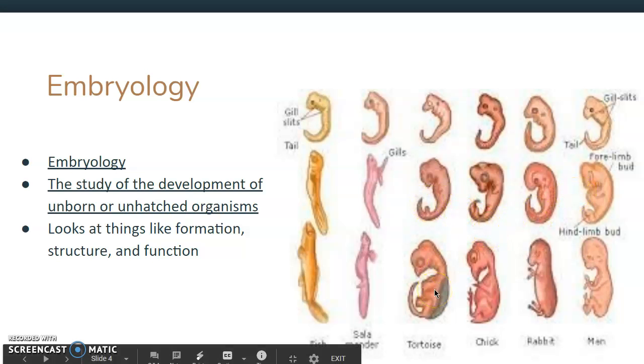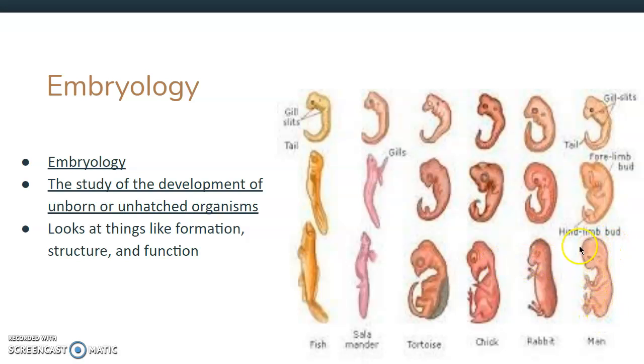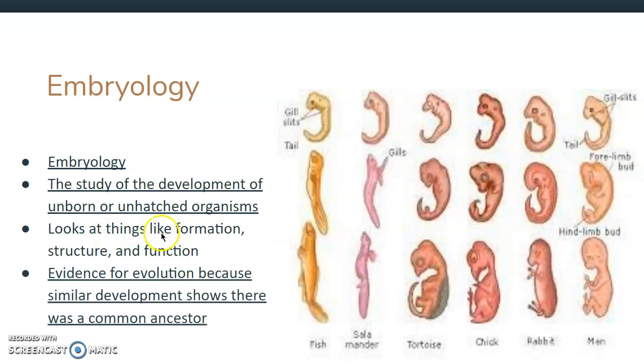I see a lot of similarities in this. We have tails in each one of them. Even the human has a little bit of a bump. We have a large head, kind of curled up in a little fetal position. Embryology studies how each organism develops, the formation of that development, the structure that they form first, and what they look like, and then the function of each of those.